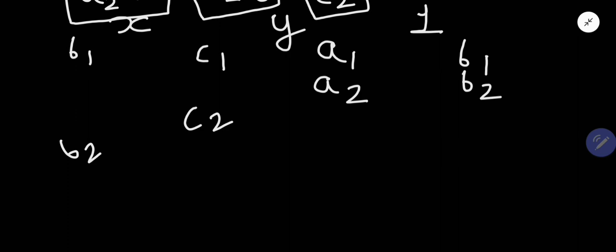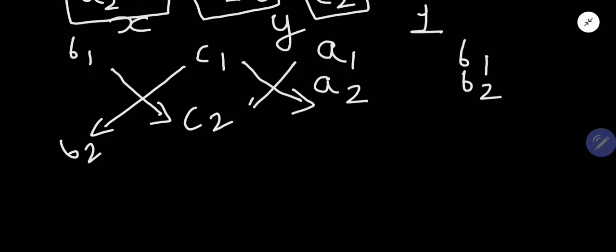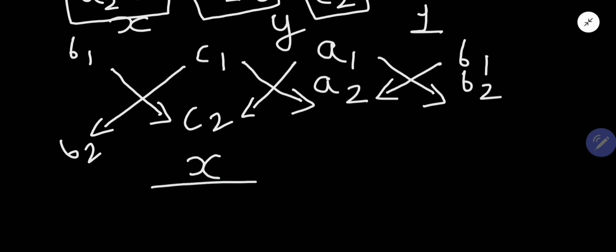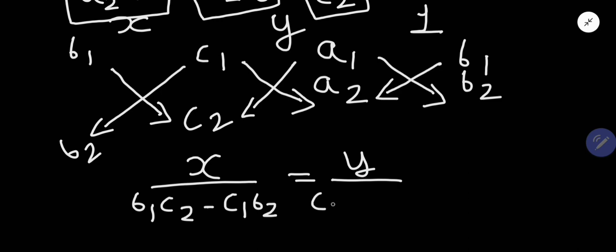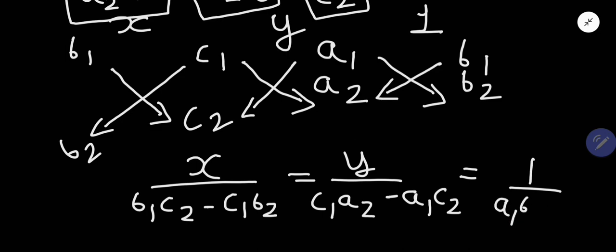So what we will do is cross multiply. The formula will be x upon b1c2 minus c1b2 is equal to y upon c1a2 minus a1c2 is equal to 1 upon a1b2 minus b1a2.